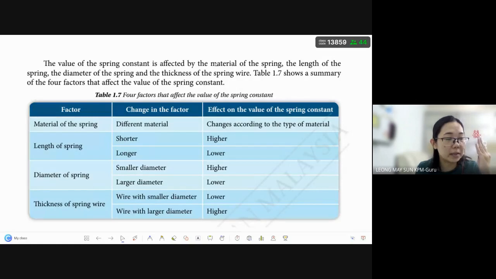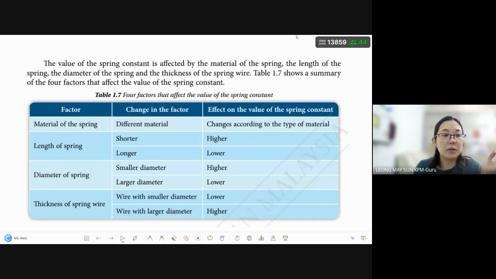So these are four things. If they mention that the spring constant is the same, it means that it is made out of the same material, the length, the diameter and the thickness of the spring are also the same. So do take note, there are four factors. In the modification part, these are the four factors that you can include.